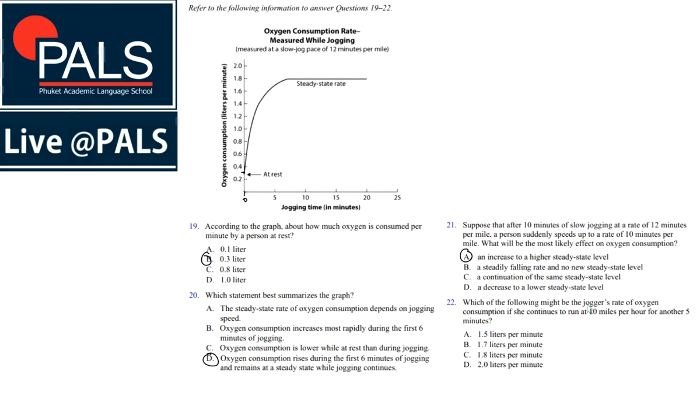Which of the following might be the jogger's rate of oxygen consumption? She continues to run at 10 miles per hour for another 5 minutes. 12 minutes per mile.